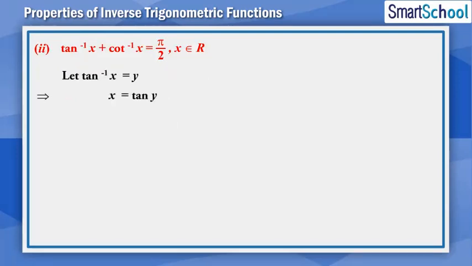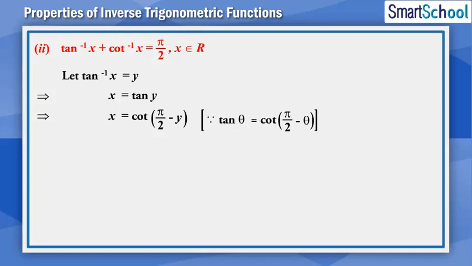Let tan inverse x be y, so x is equal to tan y. Now, tan y is cot of pi upon 2 minus y. This implies x is equal to cot of pi by 2 minus y.